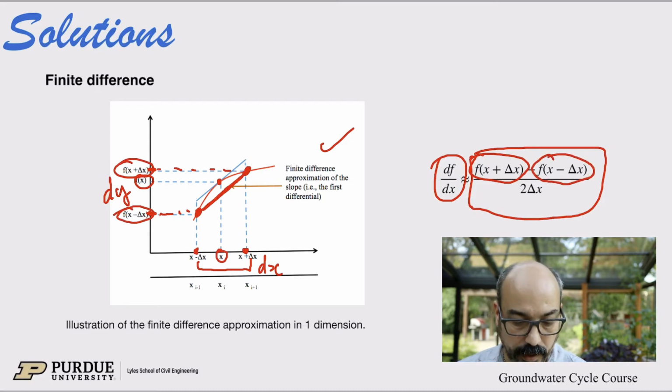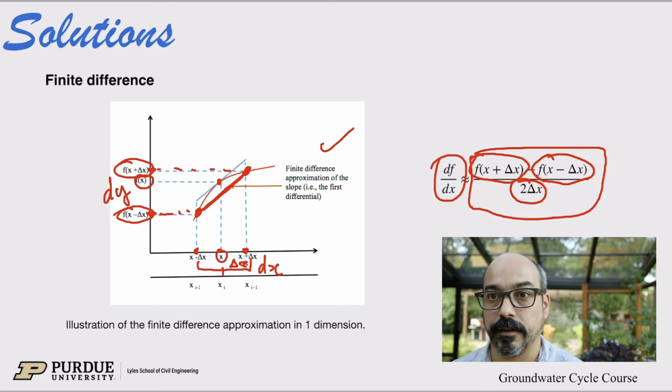This is my dy, and my dx here is 2 times delta x, x plus minus x minus. And this is the finite difference approximation. So the approximation of my differential form is that difference equation.